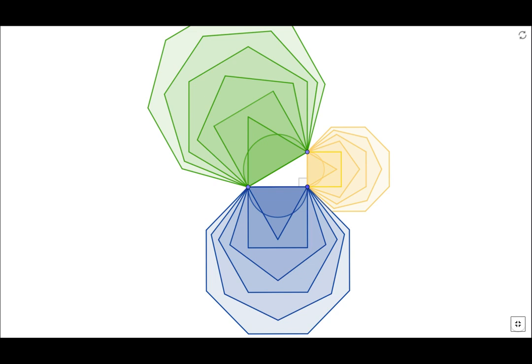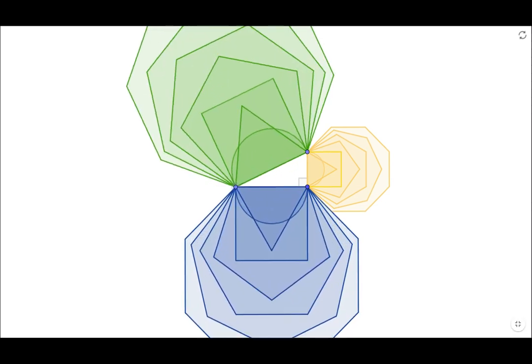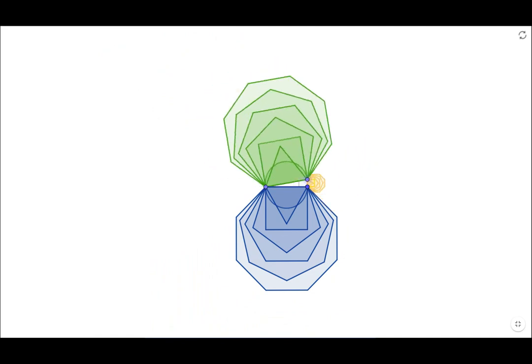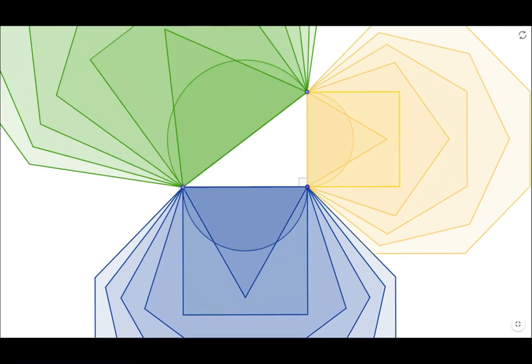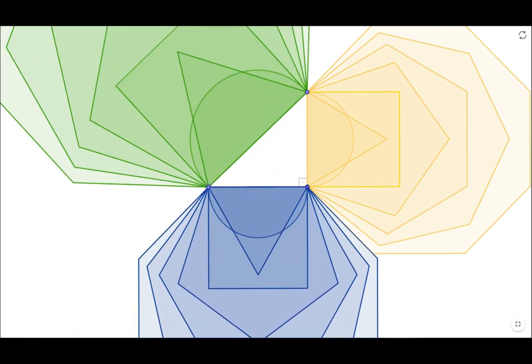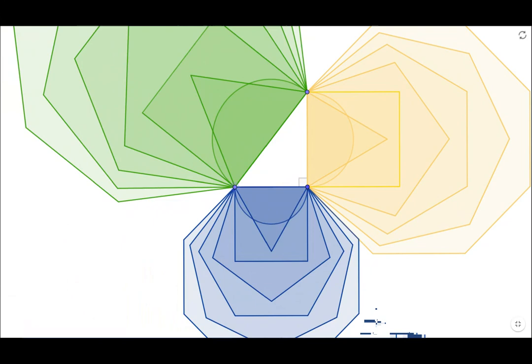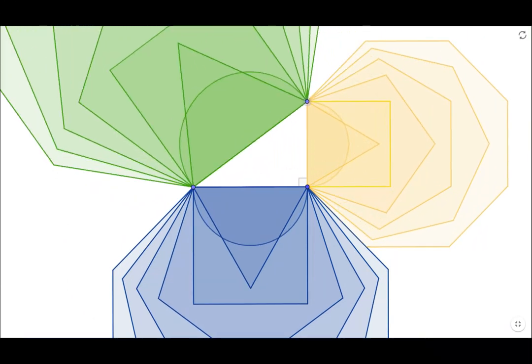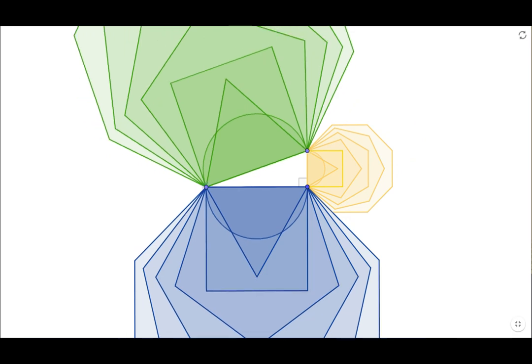Any shape that is similar on those three we can use. And so here, no matter what size right triangle I choose, the areas of the two smaller shapes will be equivalent to the area of that large shape. So there it is, the Pythagorean theorem.